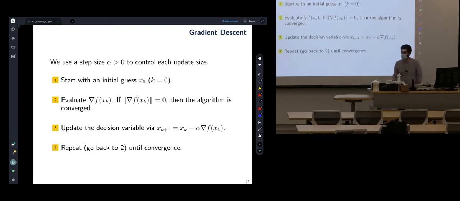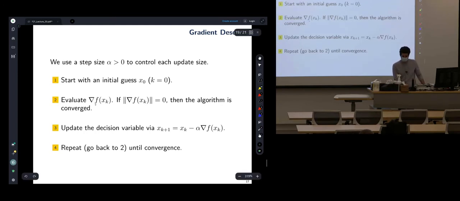It's a minimization method that chooses the gradient as your descent direction. You can have gradient ascent as well to maximize, but as we talked about, it's enough to define the minimization program. So start with an initial guess, x0.